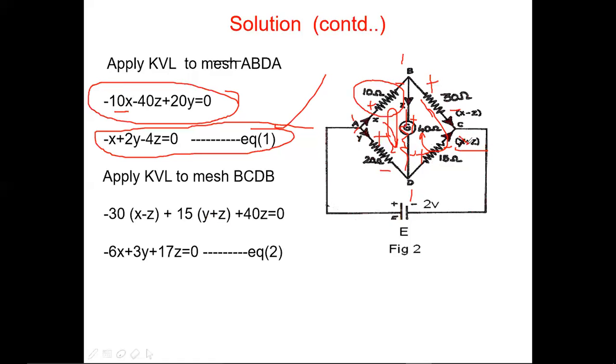This is not x, this is y plus z, and my leaving sign is positive 40z. Then it will be minus 6x plus 3y plus 17z. Then this is equation 2. These are the two equations you need to remember clearly and write clearly. This is equation 1, equation 2.